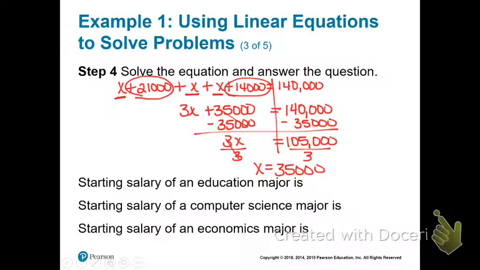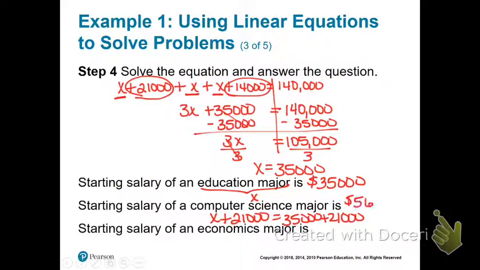So it said to find the starting salaries of an education, computer science, and economics major. So remember the education major we said was x, so we know that it's just going to be the $35,000. We said the computer science major was x plus 21,000. Well, x is 35,000 plus 21,000, and so we find that to be $56,000.